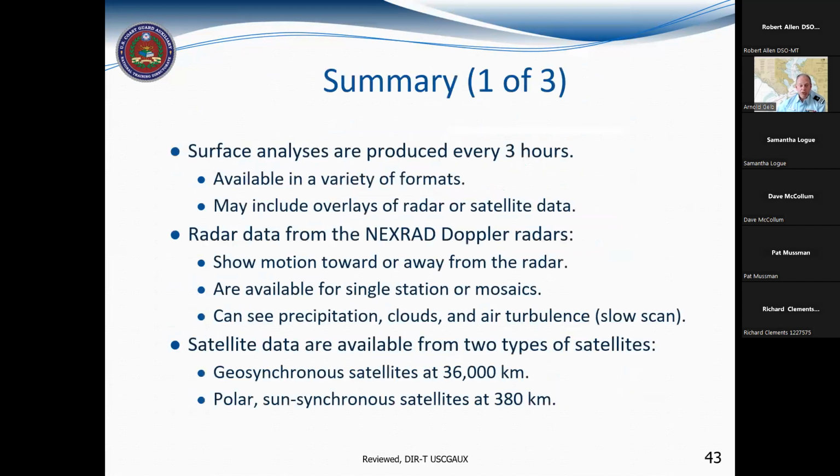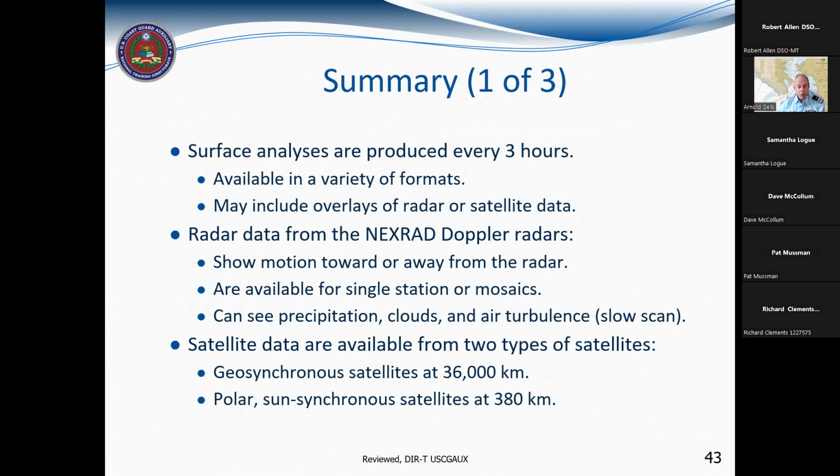So just to summarize, surface analyses are produced every 3 hours, available in a variety of formats. You can get overlays of radar or satellite data. Radar data is obtained from the NEXRAD Doppler radars. There are a large number of locations in the contiguous United States.